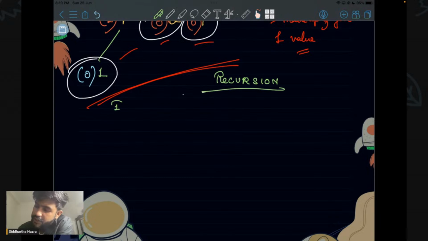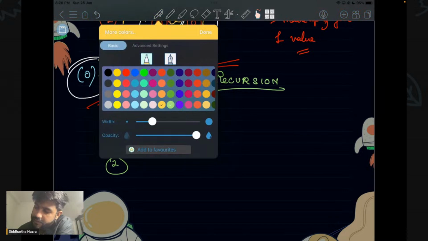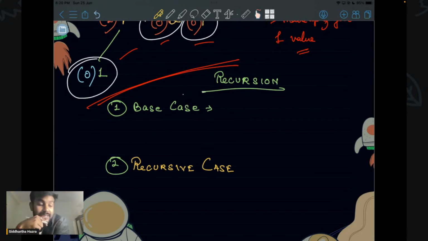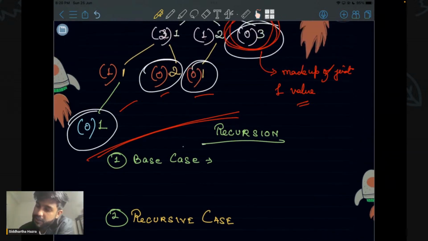Now in recursion there are two things, the base case and the recursive case. For n equals 3 there are two ways. No, there are not two ways, there are three ways.